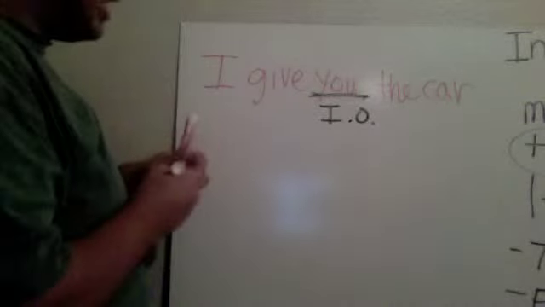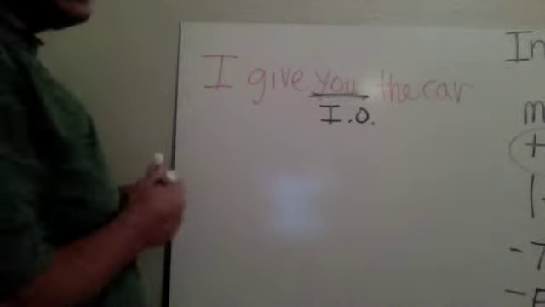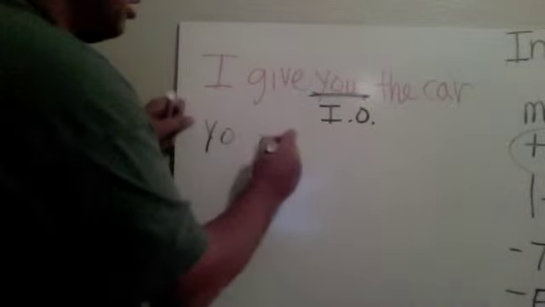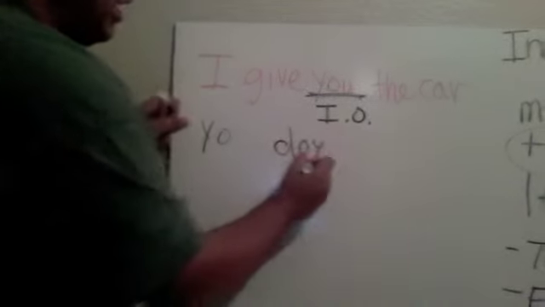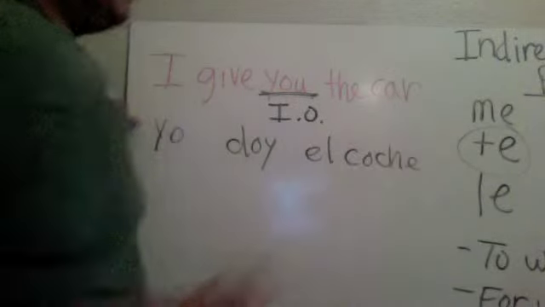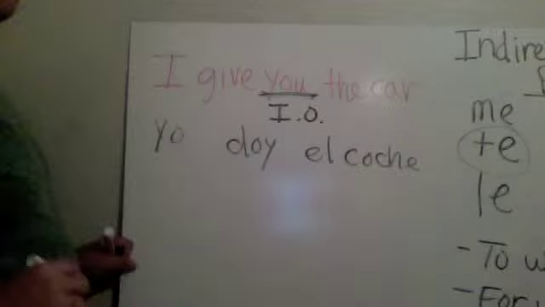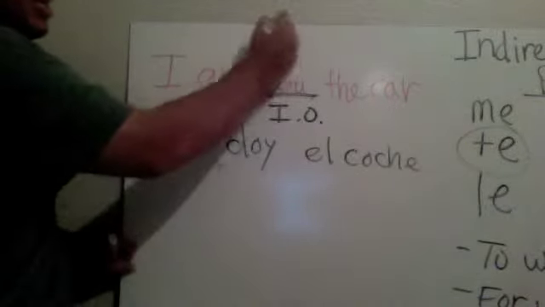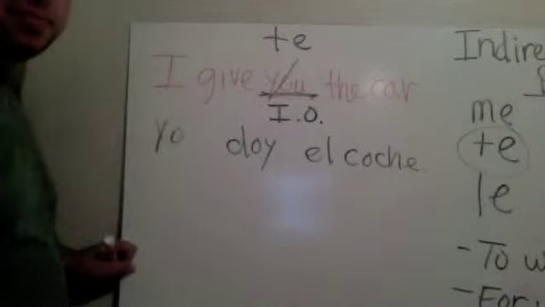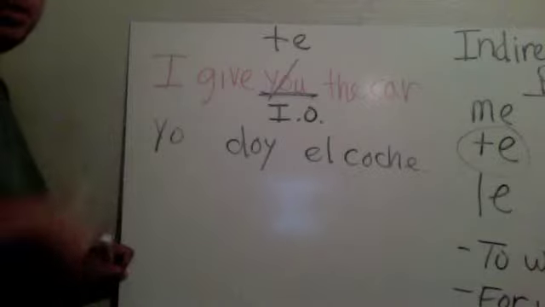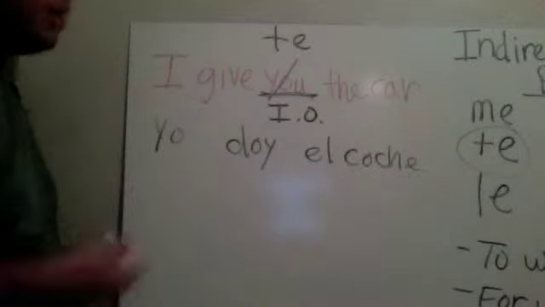So, let's conjugate the sentence in Spanish. Yo doy el coche. If you remember our placement rules for direct object pronouns, then where to put this te should be obvious. If you forgot the placement rules for your direct object pronouns, watch the video again, or we're about to discuss it right now, so you can just keep watching too.